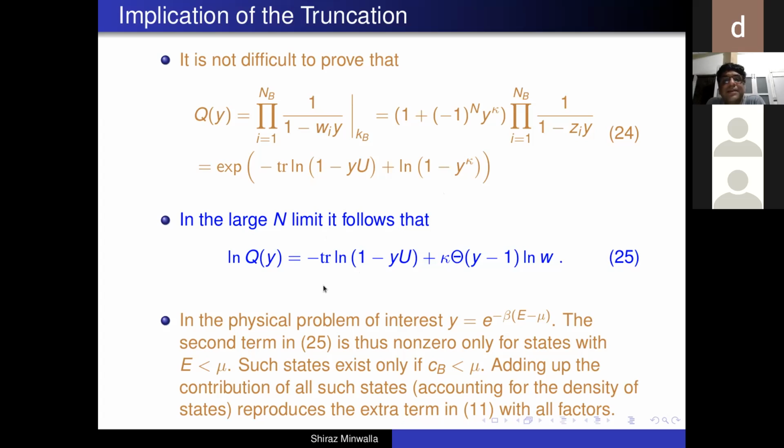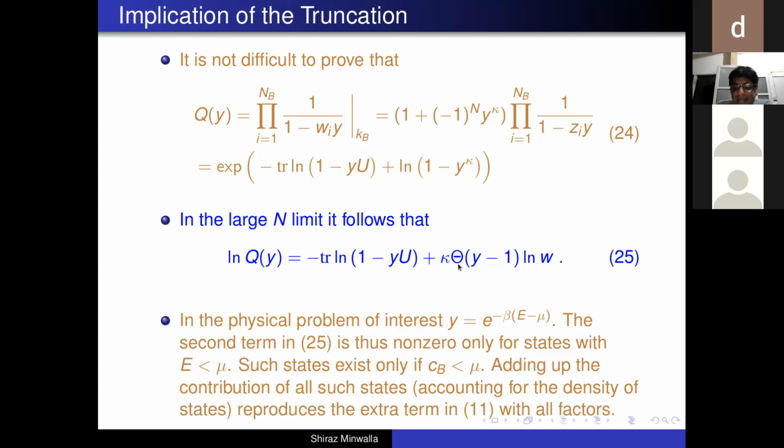In the large N limit, it follows that this log here is either 0, that's when y is less than 1, or is kappa times log y if y is greater than 1. That's an obvious property of this thing in the large kappa limit.